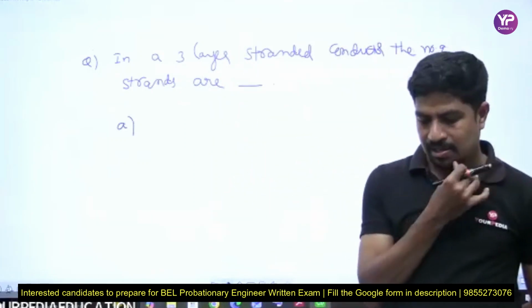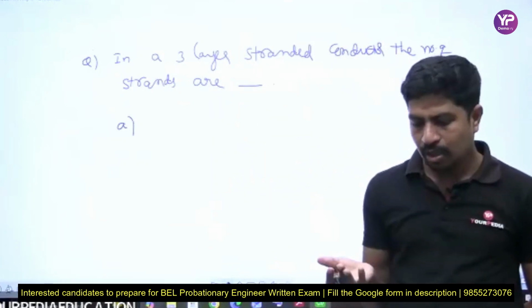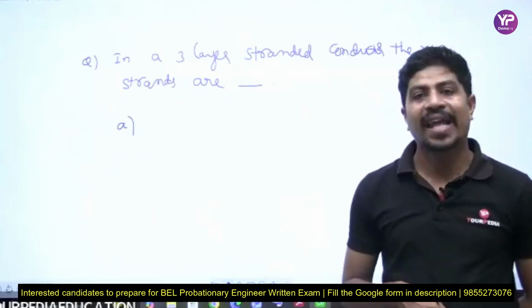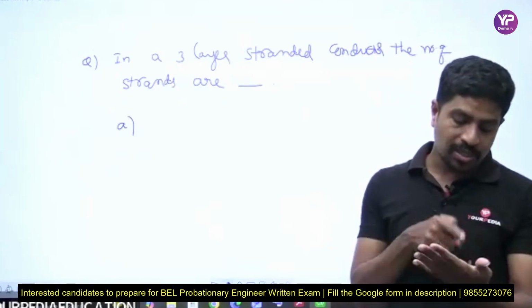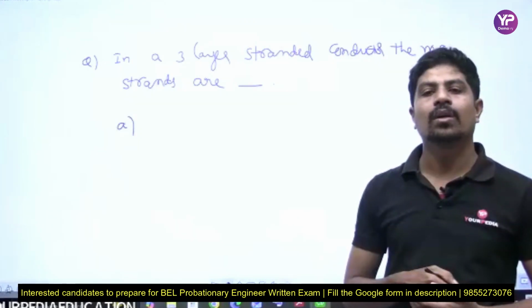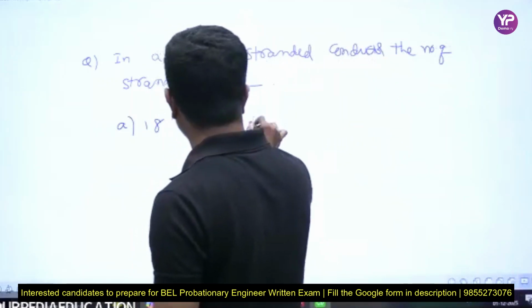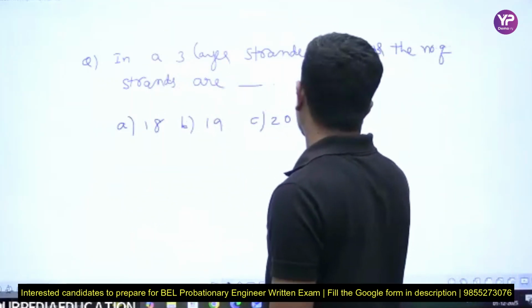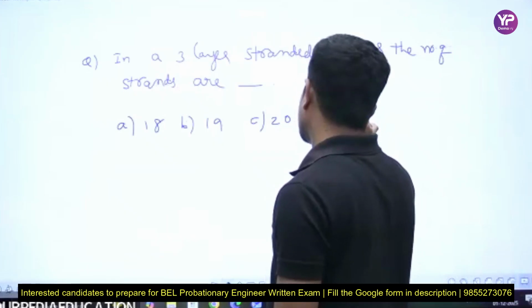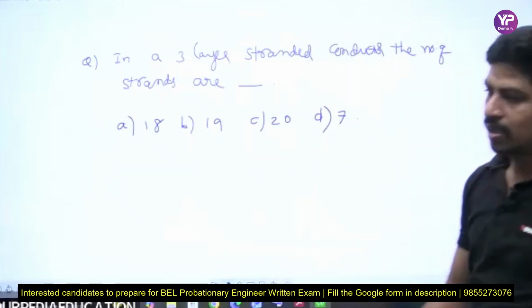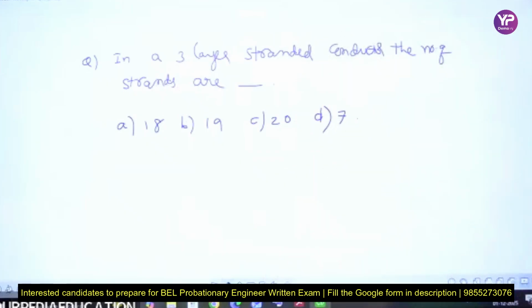You can count, but there is a formula for that. If I give 10 layers, you keep on counting 1 plus 6 plus 12. Tell me the answer. This is easy, but after this I will give you one formula for any layer how to find.